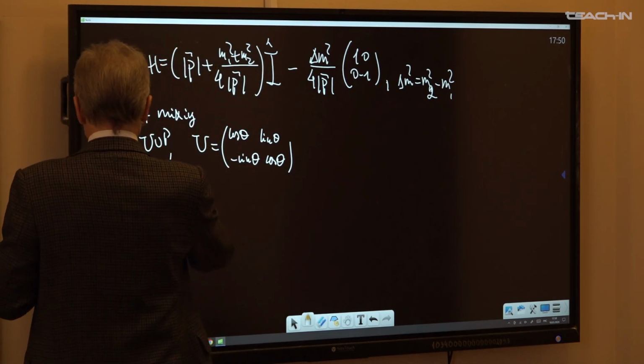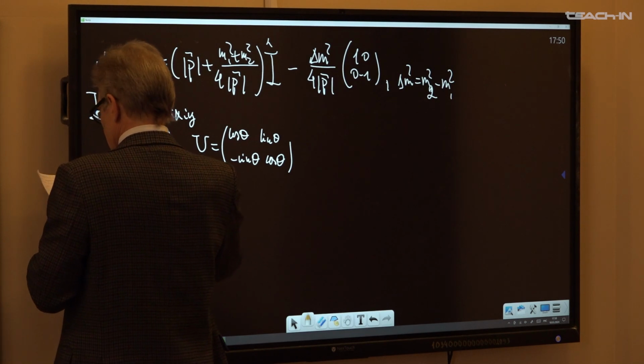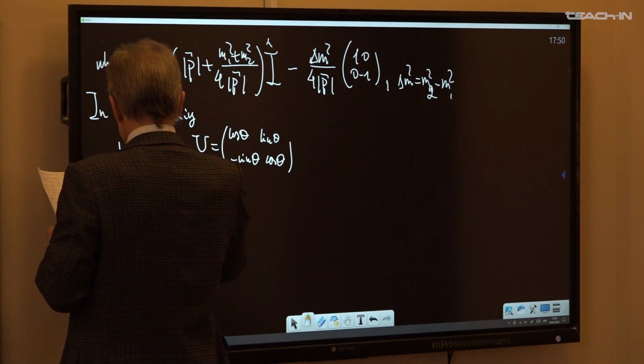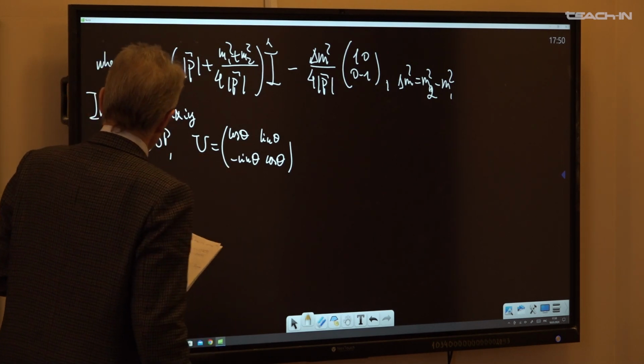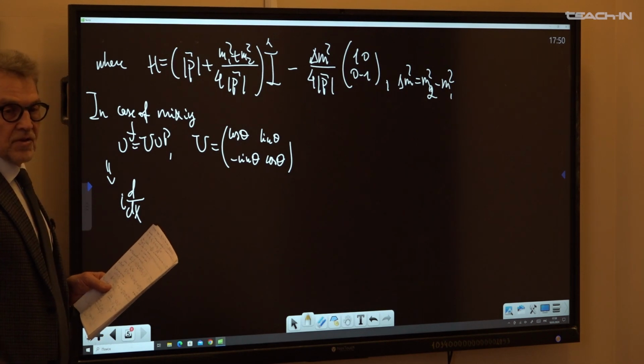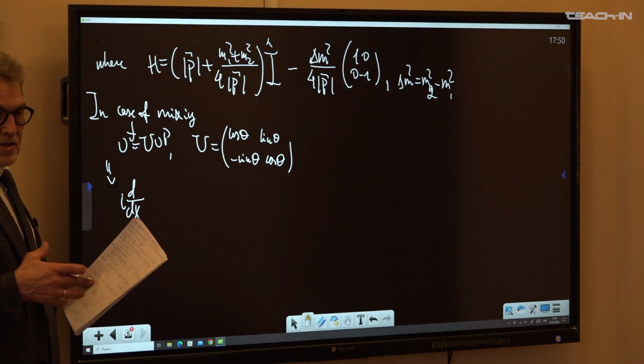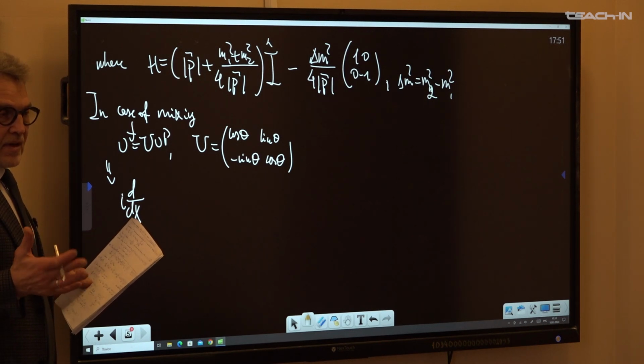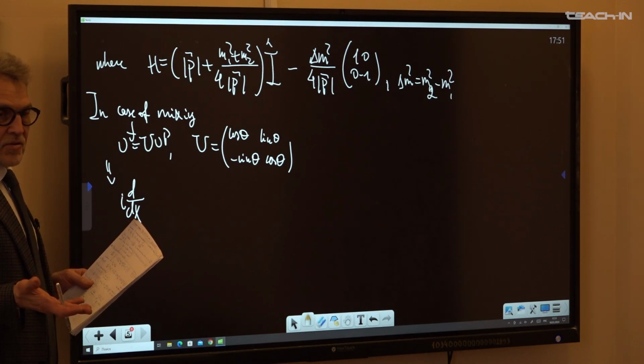For the evolution of the flavor states, I just put here x, because for relativistic neutrinos evolution in space is equal to evolution in time.